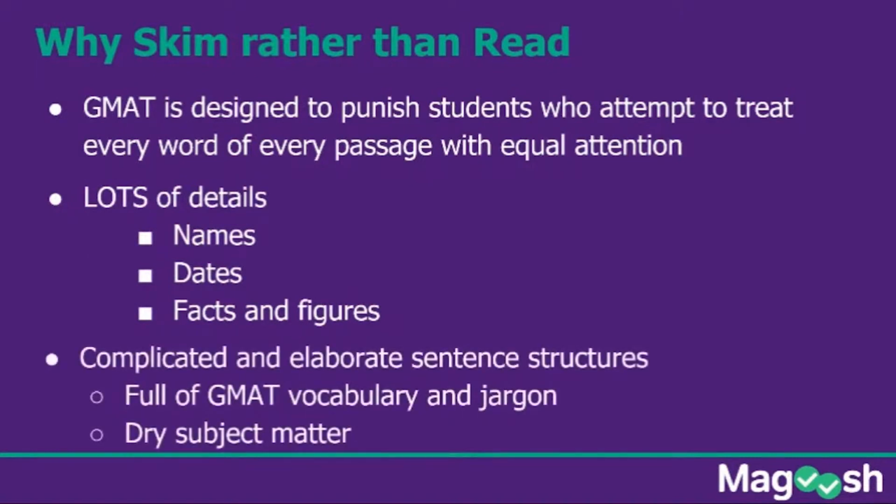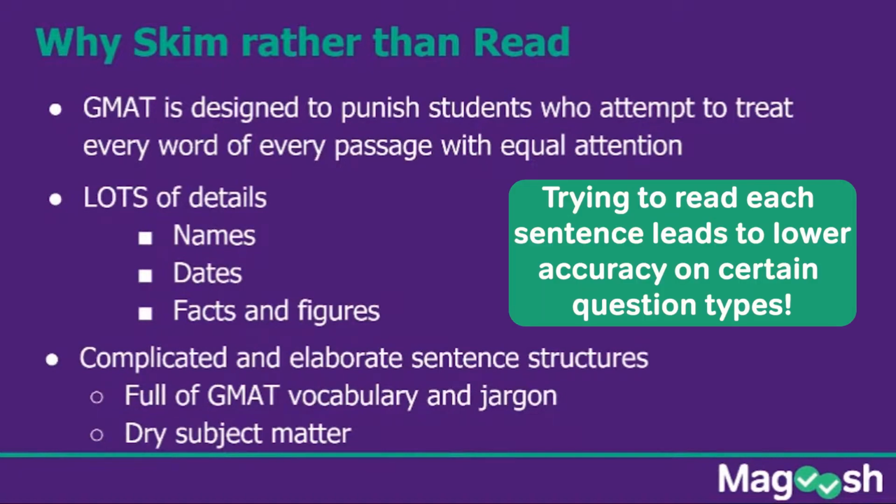Also, you've got complicated and elaborate sentence structures, full of GMAT vocabulary and jargon, and also dry subject matter. Compounding all of this, the GMAT really gives insufficient time to work through these passages, especially the long ones. Trying to read through and process every single sentence actually leads to lower accuracy on certain question types, particularly main idea, main purpose question types.